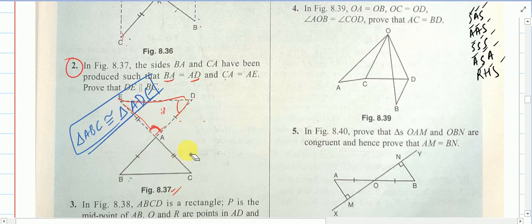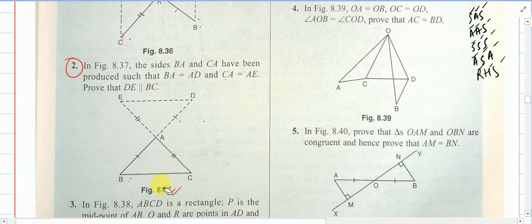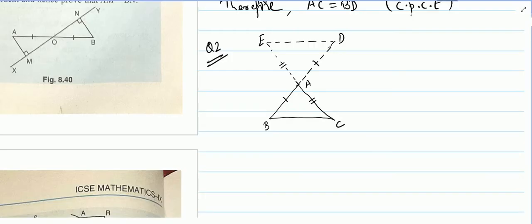So let us write down the solution in proper manner. For that I will draw the figure first. Okay, so we have got this diagram. Now let us write down the solution.